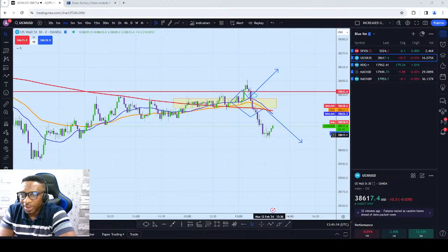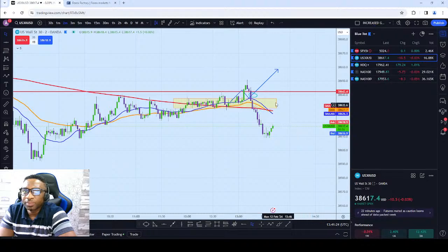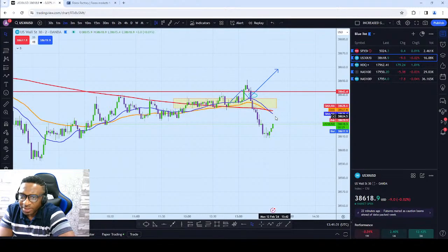But now, as it's below, what we look out for is price pulling back to the moving average, the blue moving average, and if it gives us an event there, then we play it going down. So that is what we have here.